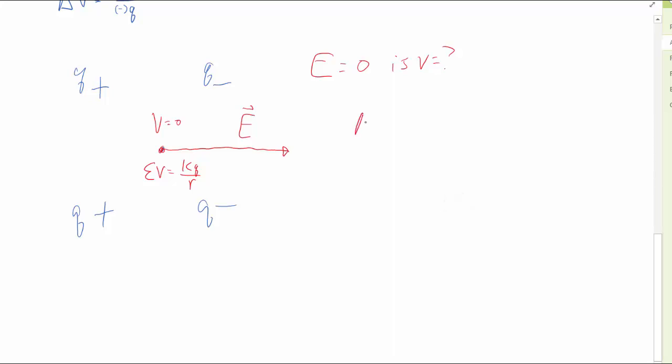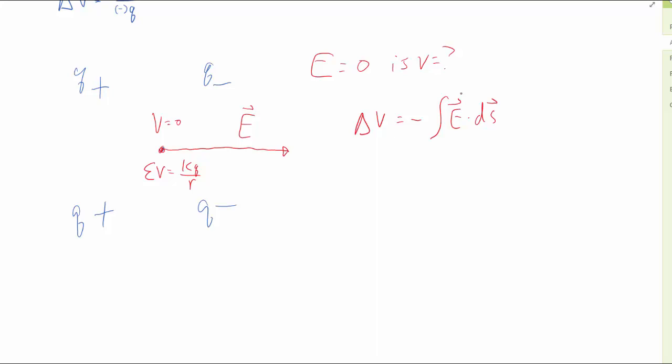We've already written this down: delta V is equal to minus the integral of E dot ds. What I'm going to do is rewrite this a little bit. Why? Well, sometimes integrals make people kind of freaked out.